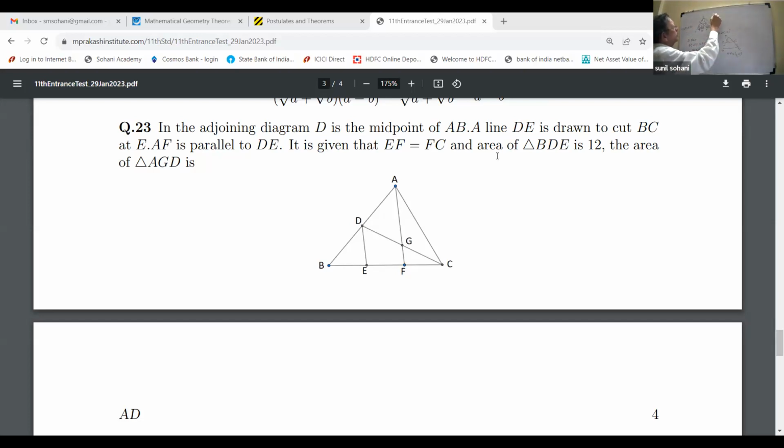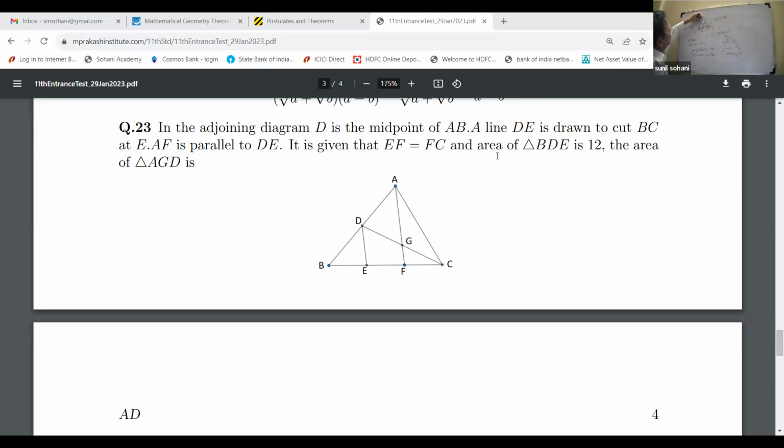For triangle CDE, applying midpoint theorem, BG is equal to GC.